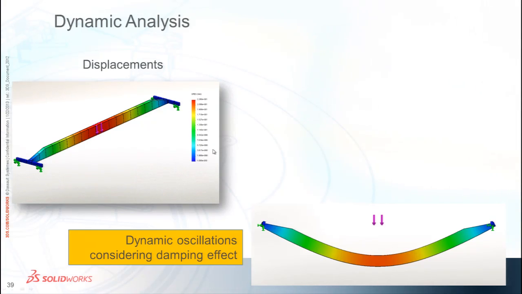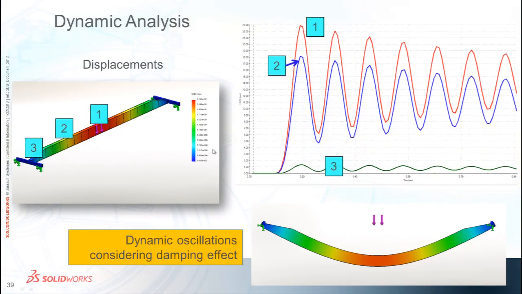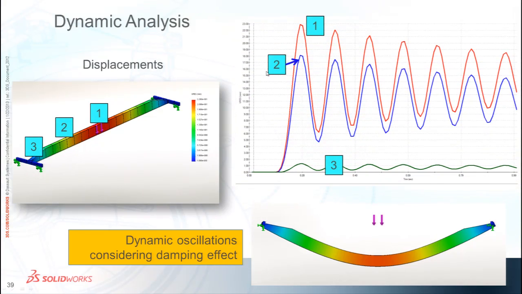Okay, we run the analysis. Look at this. This is when we apply here, you remember, at 0.1, we applied the 6-ton load. And here in the center of the bridge, we have the maximum displacement, of course.